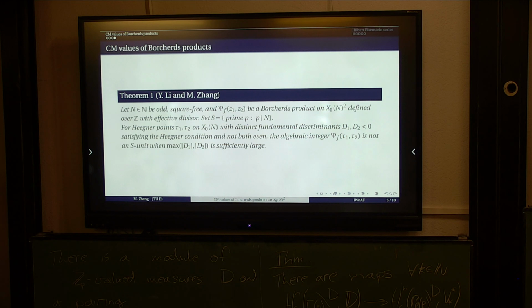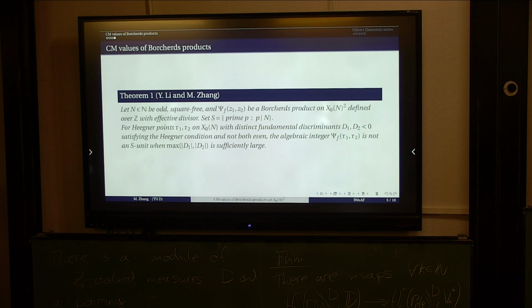Now I can introduce our main theorem about the algebraicity of CM values of Borcherds products. Here are some conditions. Let n be odd and square free. Let Psi F be the Borcherds product on the product of modular curves, defined over Z and with effective divisor.